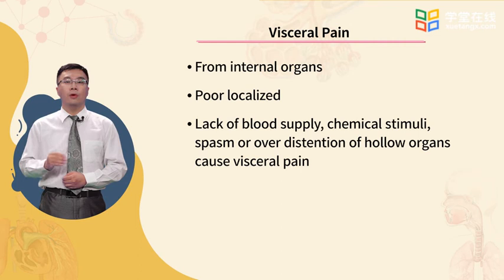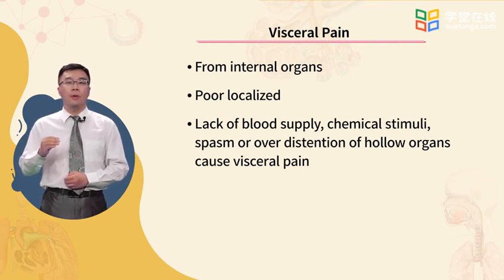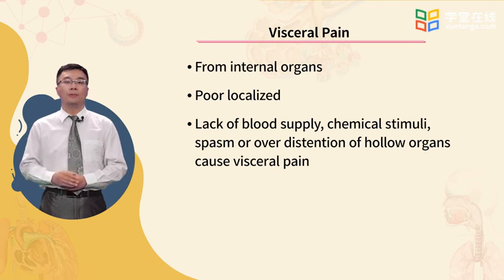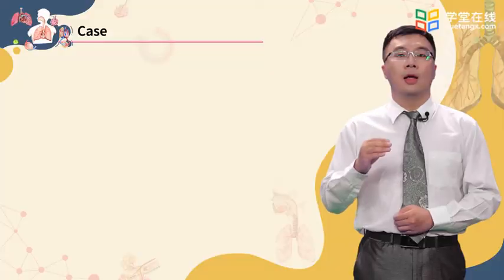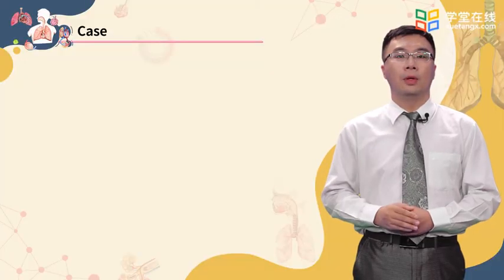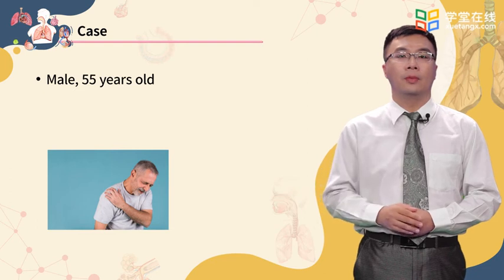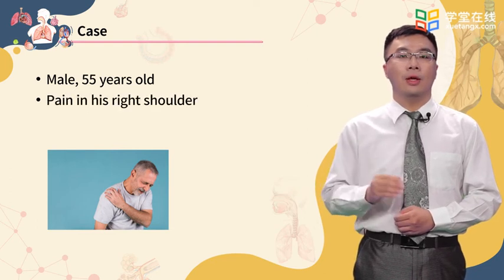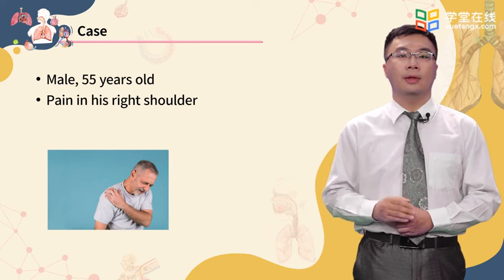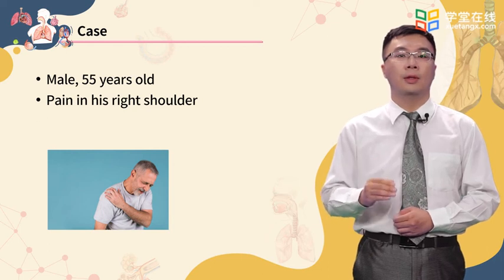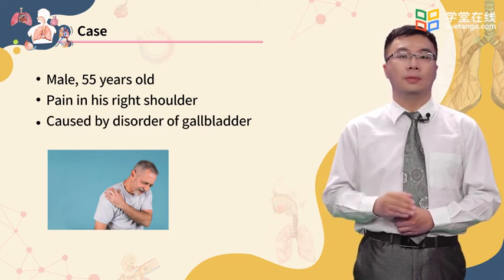When talking about visceral pain, there is an interesting but very important type of pain which I should mention. Let's see a case first. A 55-year-old man presents at the clinic with pain in his right shoulder. After a thorough examination, the doctor says that the source of his pain is his gallbladder.